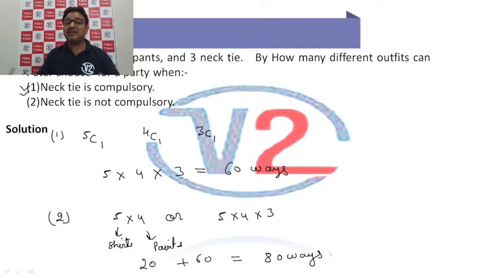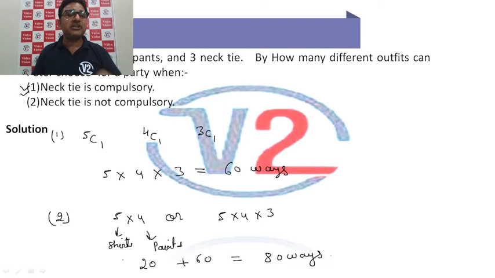See here what is done. In the first question we apply the multiplication rule, and in the second question we apply the multiplication rule as well as the OR rule, the summation rule. It means we have an option: necktie is not compulsory. We can go with the pant and shirt only, or we can go with the pant, shirt and necktie.